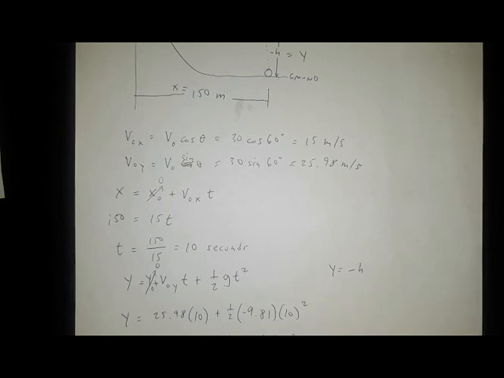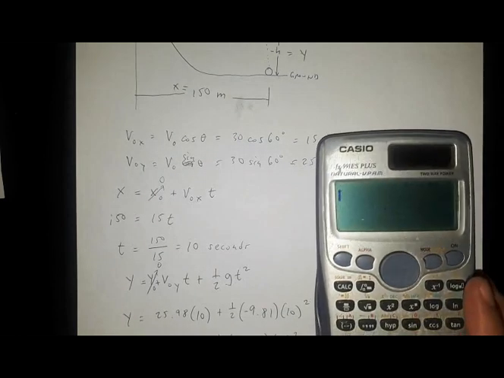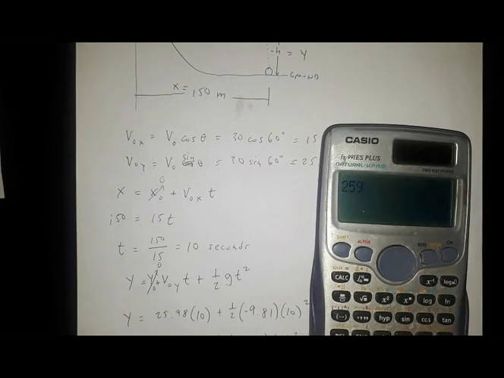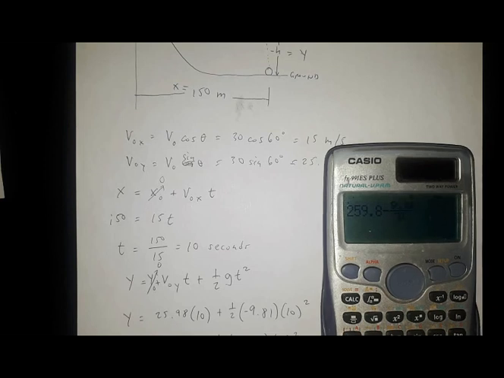So we have negative h equals 259.8 minus 9.81 times 10 squared over 2.